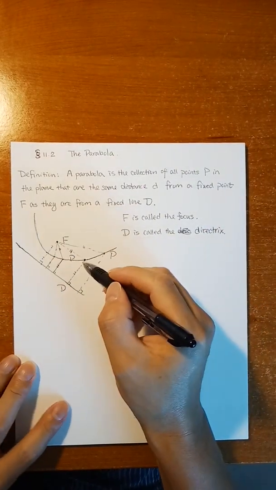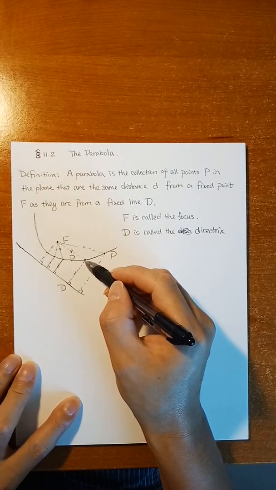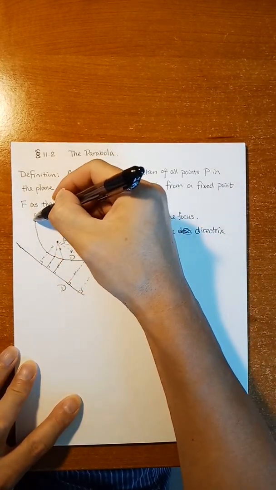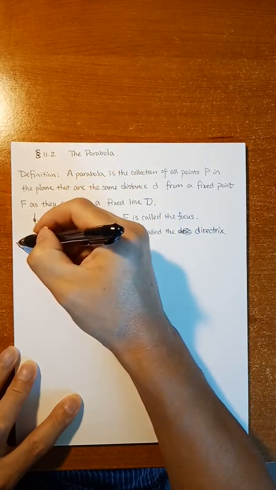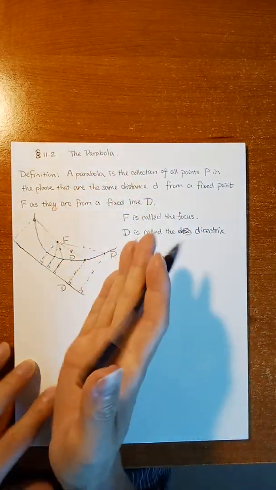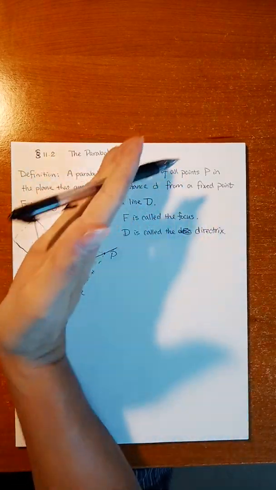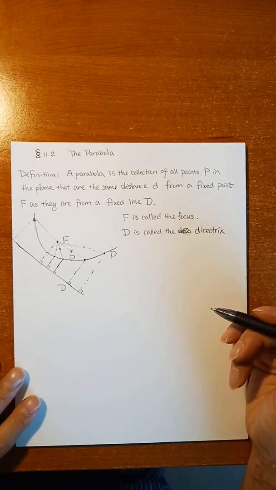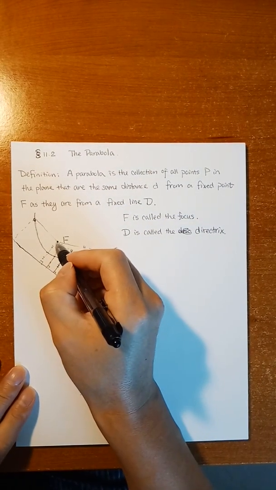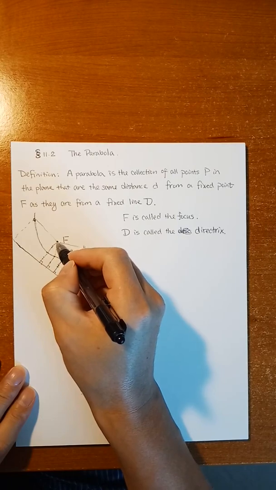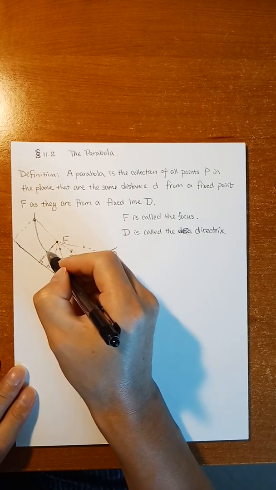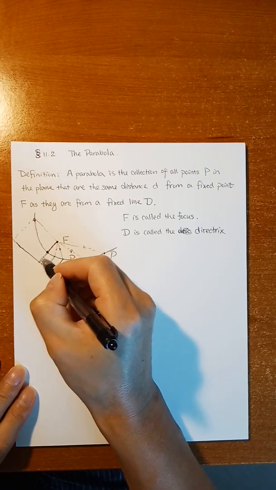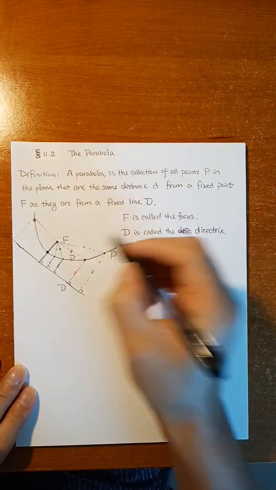And you can see that if you have a point in this direction, symmetrically, you will have a similar point here. It has the same distance to F and the same distance to d. So it's definitely symmetric about this axis. All right, and there's a midpoint. When you project this F to d, and you choose a midpoint, the midpoint guarantees that this segment is equal to this segment, and this is called the vertex.